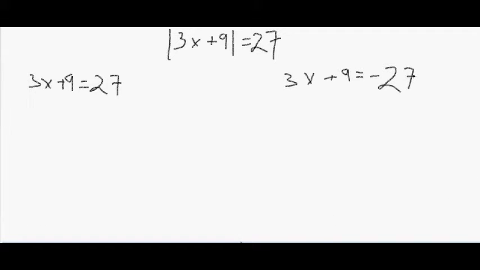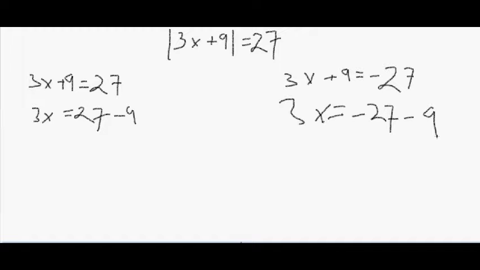Alright, so now we have these two different types of problems because of the absolute value. We have one with positive 27, and one with negative 27. Now we have to work out the problem. So 3x equals 27 minus 9. Next one equals 3x equals negative 27 minus 9. And then you have to solve the problem, which you can do by yourselves.